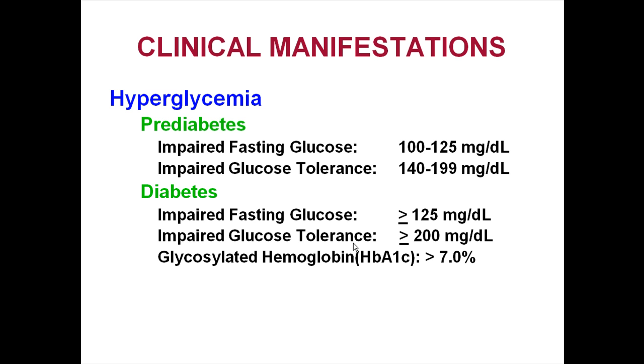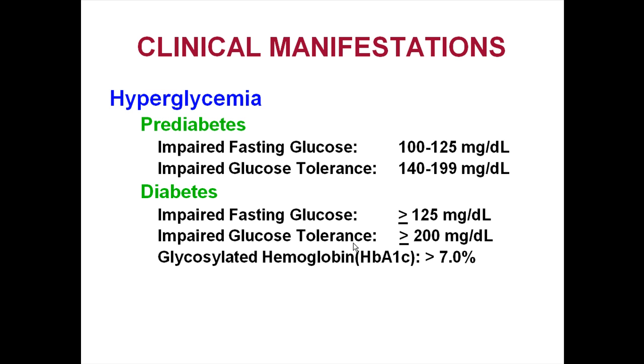Okay, clinical manifestations of diabetes mellitus, hyperglycemia. They have a new diagnosis now called prediabetes. It's been around not too many years, but they will test for it because the feeling is if we can catch it early, we can prevent diabetes from occurring. So impaired fasting glucose of 100 to 125 milligrams per deciliter.